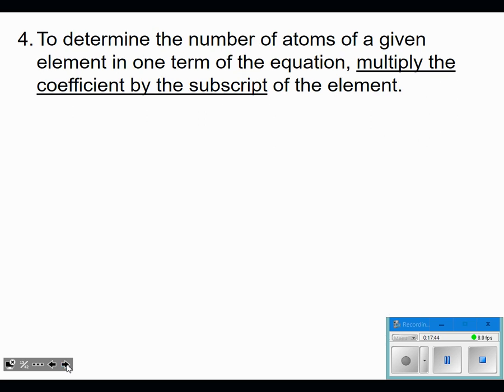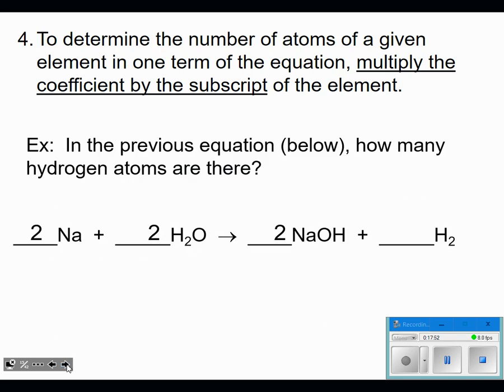So to determine the number of atoms of a given element in one term of the equation, you multiply the coefficient by the subscript of the element. So in our previous equation, how many hydrogen atoms are there? We take the 2 coefficient and multiply it by the subscript of 2 on the hydrogen. 2 times 2 is 4.